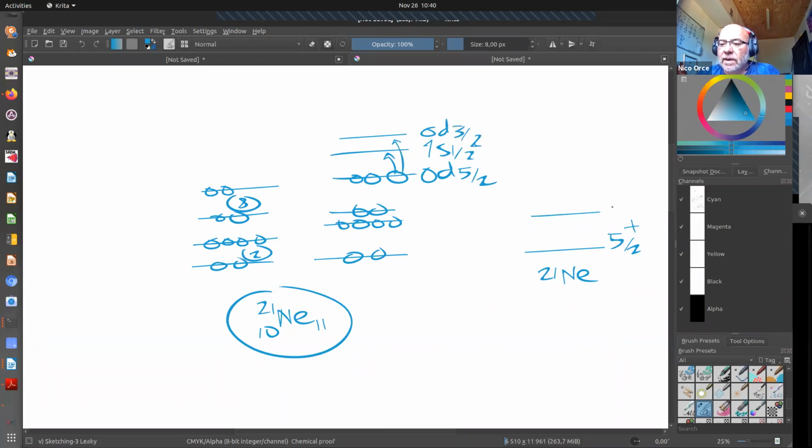So then here we should have a 1/2 plus. But what we see, this is the shell model prediction.